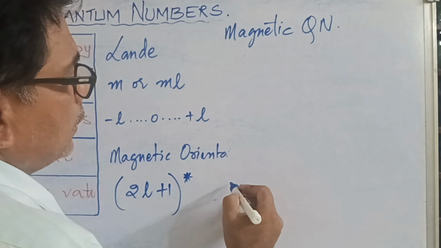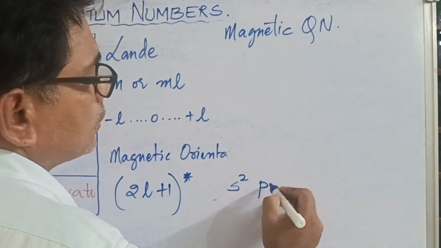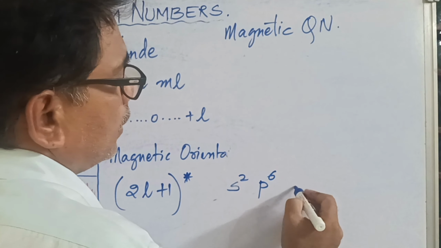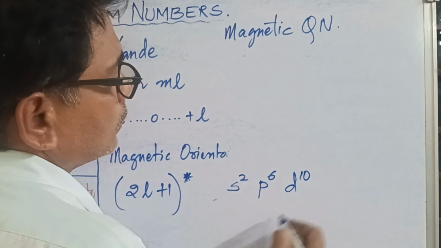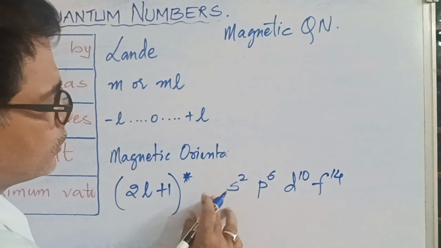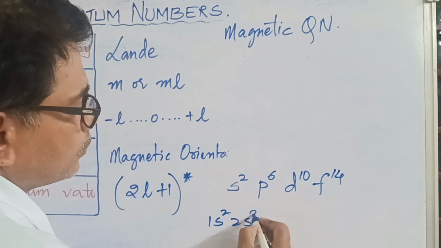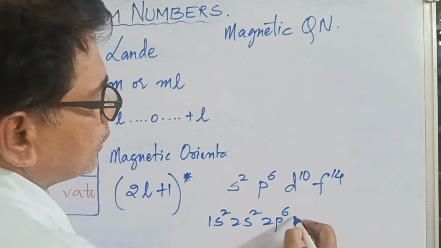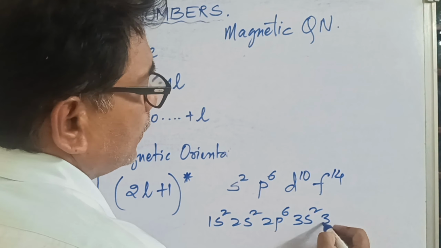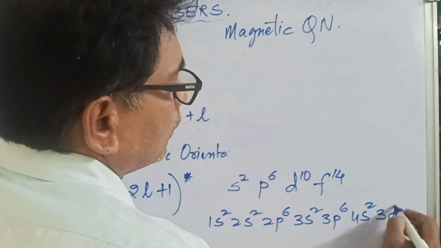Before going to that, S holds 2 electrons, P holds 6 electrons, D holds 10 electrons, F holds 14 electrons. Where do you see this? Electronic configuration: 1s2, 2s2, 2p6, 3s2, 3p6, 4s2 and 3d10.